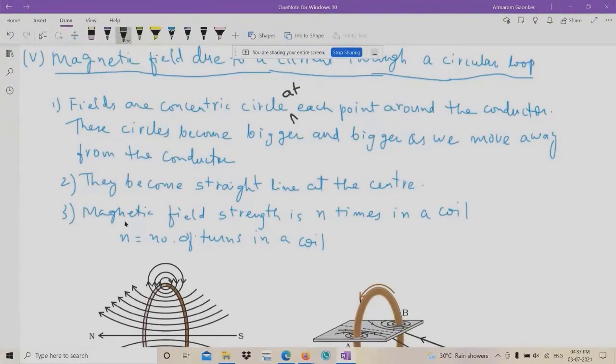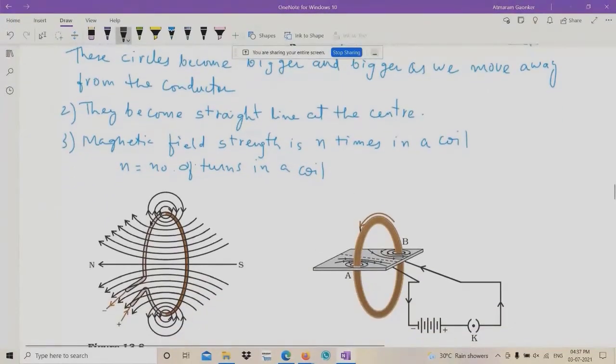And the third point is, instead of one single loop, I have taken many loops. When many loops are there, it becomes a coil. Let us say the number of loops is n. Each loop gives a certain magnetic field.